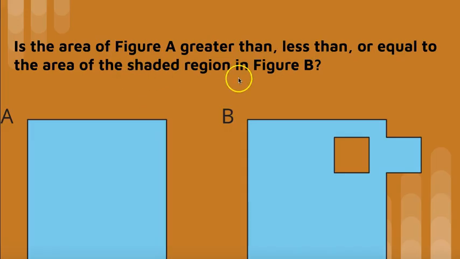If we look at these two shapes, which one would we say is larger? Well, there are a couple of ways we can look at this. Or actually, are they greater than, less than, or equal to, I guess is a better way to say what we're talking about here.